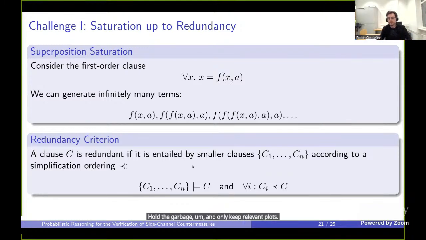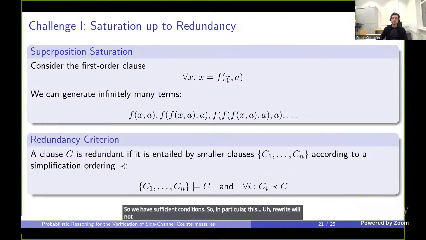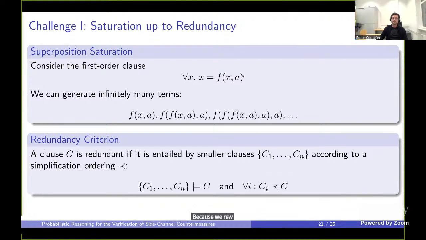Now this problem is undecidable in first order logic, so we have sufficient conditions. In particular, this rewrite will not happen because we rewrite a bigger term into a smaller term. So that's why it will not happen in Vampire, for example. But there are other such rules.